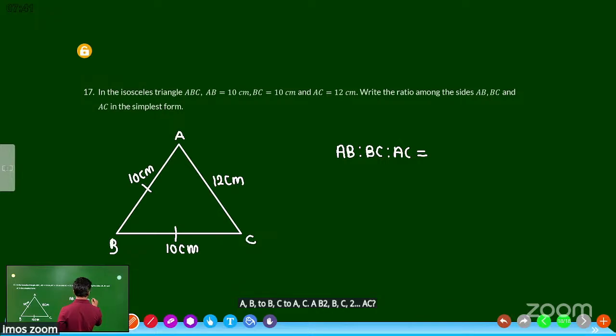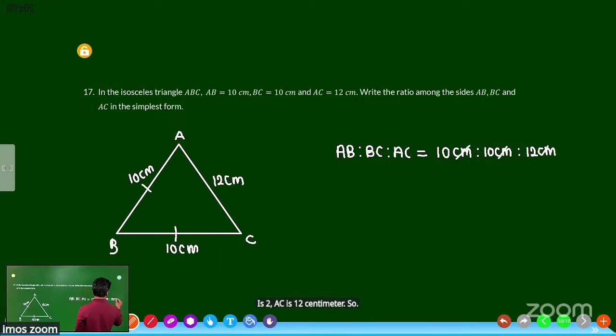AB is 10 centimeter, is to BC is 10 centimeter, is to AC is 12 centimeter.